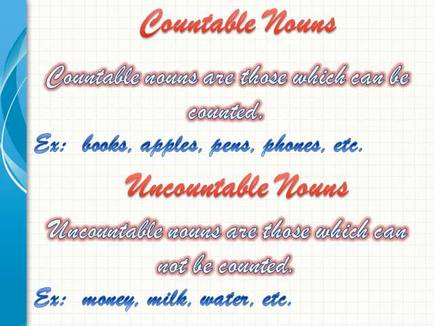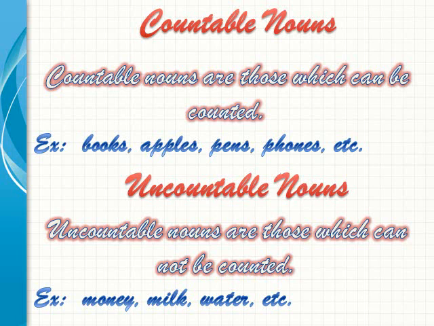The very first one, countable nouns, are the nouns which can be counted, like pen, pencil, sharpener, bulb, clock, watches, fan, table. We can count how many of these things there are. So all those nouns which can be counted are termed as countable nouns.